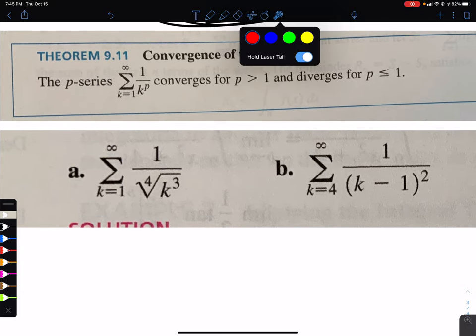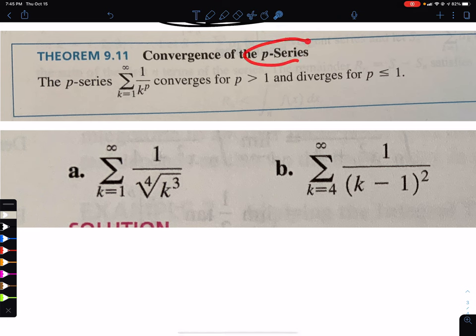Alright, a new series you have to know called the p series. It's 1 over k to the p. Now what does that look like? If you write it out, it's 1 over 1 to the p plus 1 over 2 to the p plus 1 over 3 to the p plus 1 over 4 to the p plus dot dot dot.